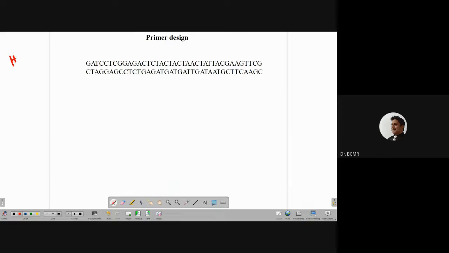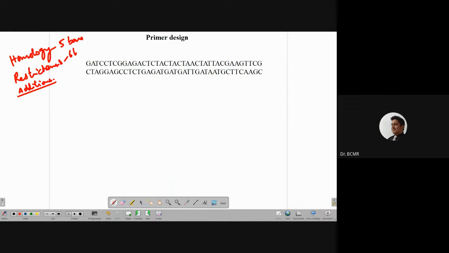Primers should have a region of homology. It should have a restriction site, and it should have some additional bases for better interactions. So the constraints are, we will take the DNA whole of it. For the region of homology, take about 5 bases.